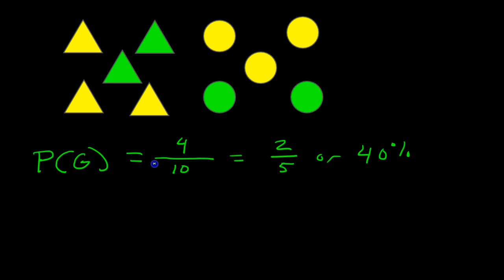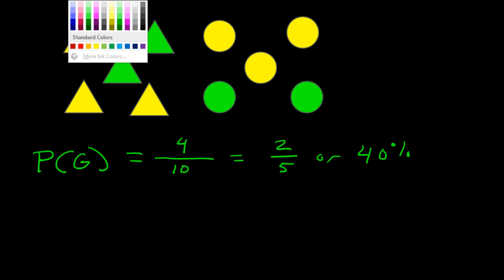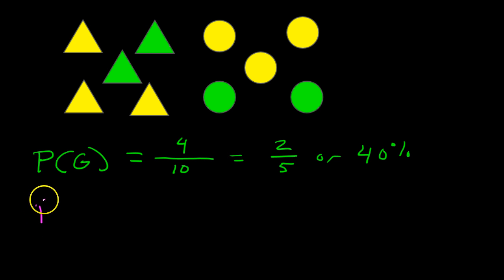Okay, on the other hand, we could talk about the probability of picking a triangle. For example, again, target over total. The target would be triangles, and there are 5 of those out of a total number of 10 shapes.